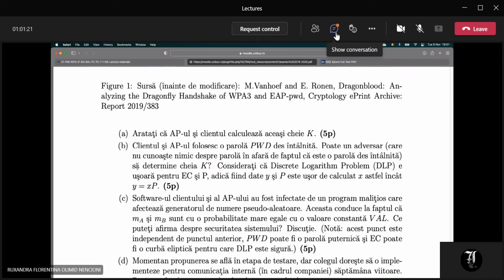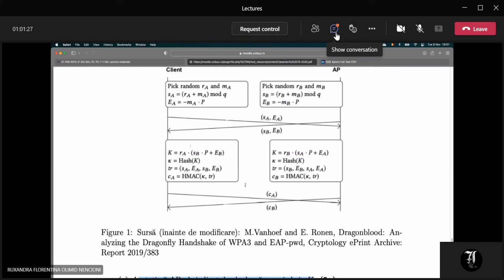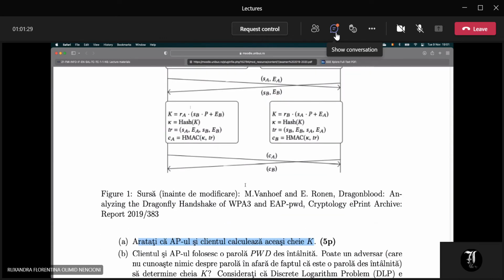First question: show that the access point and the client compute the same key K. So which is our key? In the end, it's not this K, but it's this one here, a hash of that one. So if the small k is the same, the big K should be the same as well. So we need to do some math computation to check that this key here is the same as this one here.